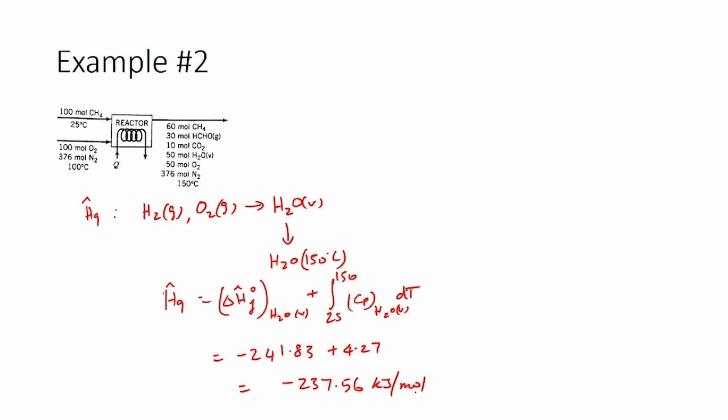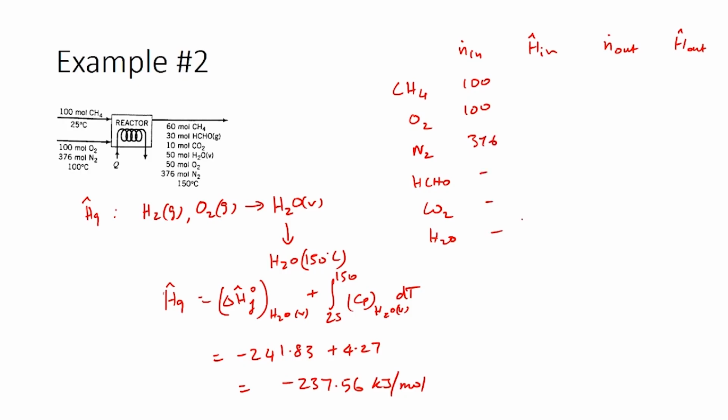So, now we have all the specific enthalpy values. We can fill out the table and calculate delta H dot. The enthalpy table will look like this: methane, oxygen, nitrogen, formaldehyde, carbon dioxide and water, with columns for N dot in, H cap in, N dot out and H cap out. You have 100, 100, 376, and then nothing here.